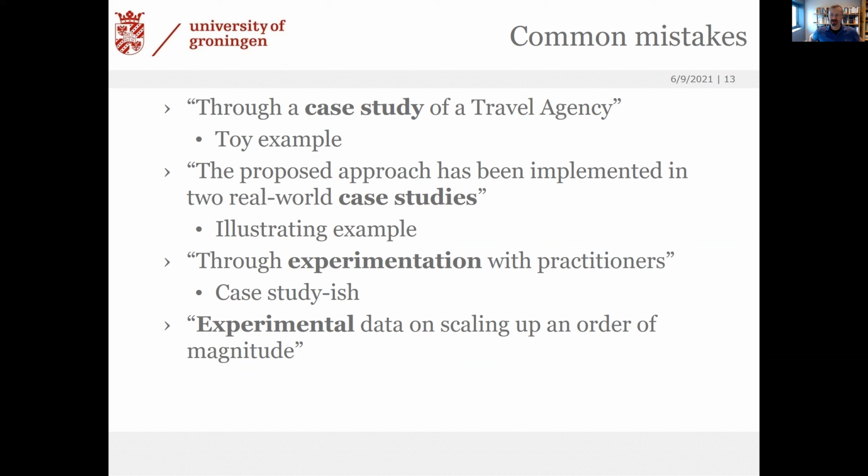So as a community we don't have a good understanding of what the different terms mean. And by using them in the wrong way, we're not doing ourselves a favor, because we confuse both readers and other researchers that are trying to use similar methods for similar purposes.